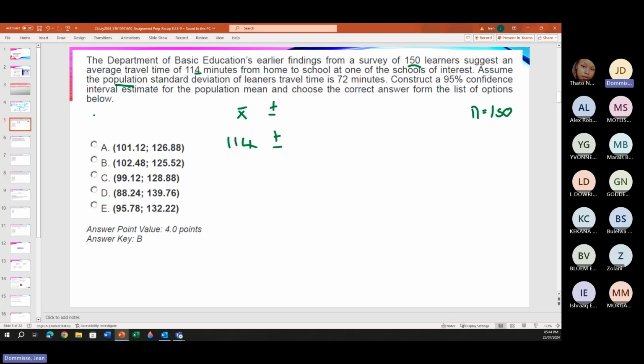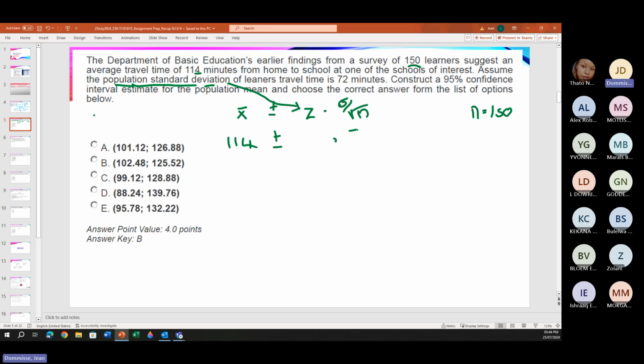Assume the population standard deviation of the learners. So they tell us population standard deviation. Because it's population standard deviation, we can work with a Z. So that means that the standard deviation is the population standard deviation.